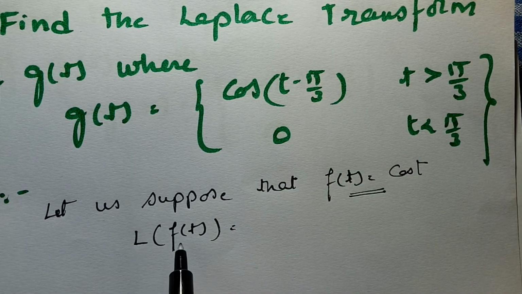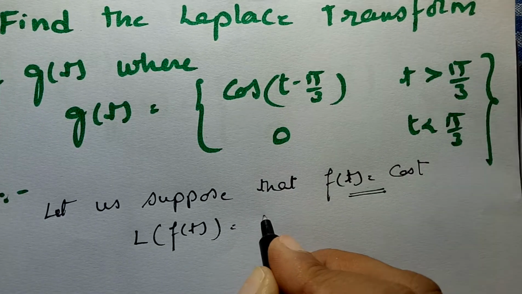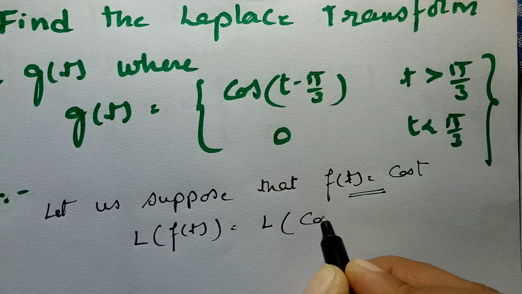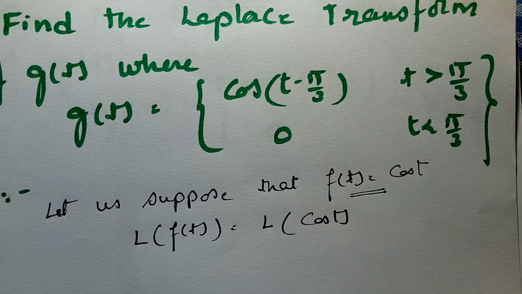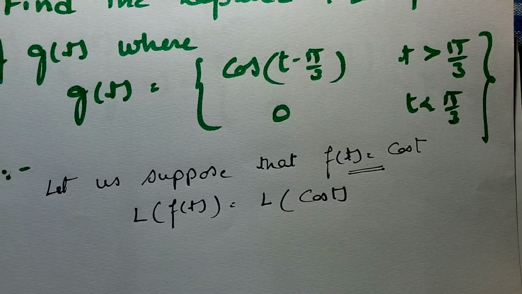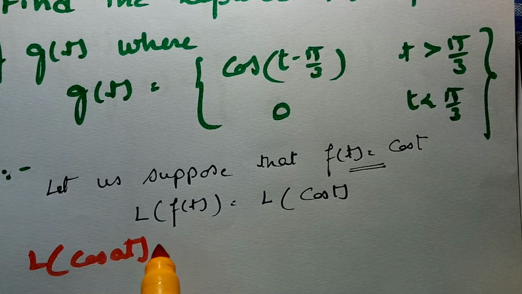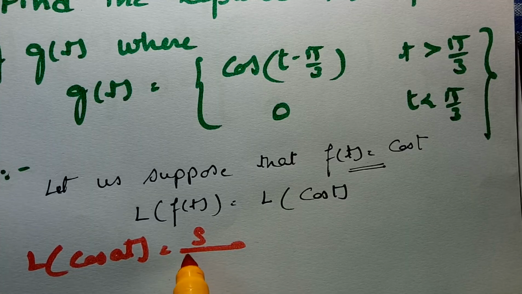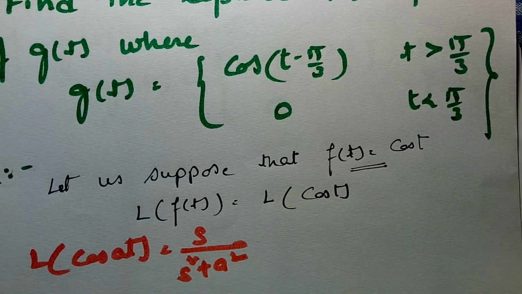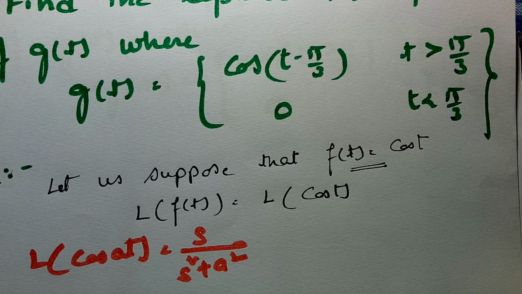I have to find the Laplace transformation of f of t. How to find it? It is the Laplace transformation of cos t. What is the Laplace transformation of cos t? As you all know from the elementary functions, the Laplace transformation of cos at is equal to s by s square plus a square. Using this formula I'll solve.